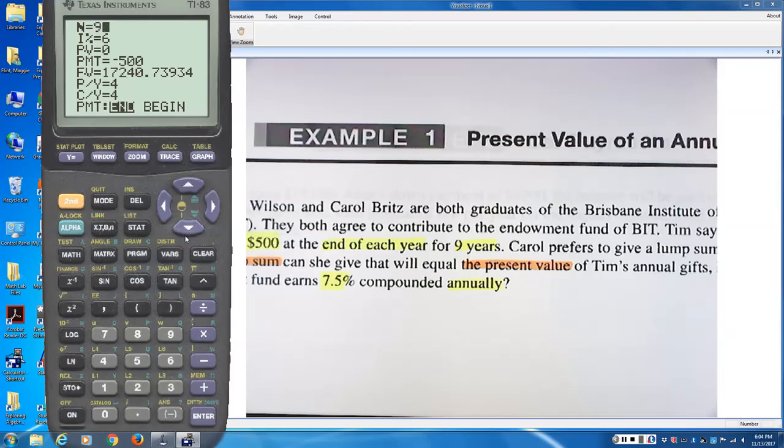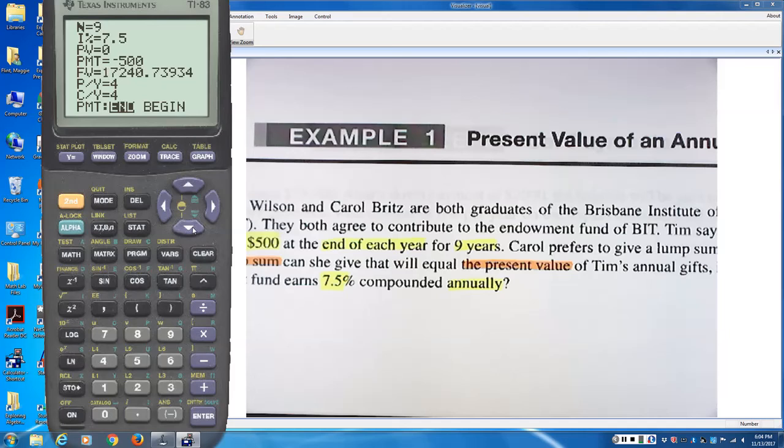So that's going to be 9 times 1, 9 years times once a year. The interest rate is 7.5%. The present value is what we want to know, so we're going to leave that as 0. The payments are a cash outflow, and that's $500. The future value is not what we're interested in.